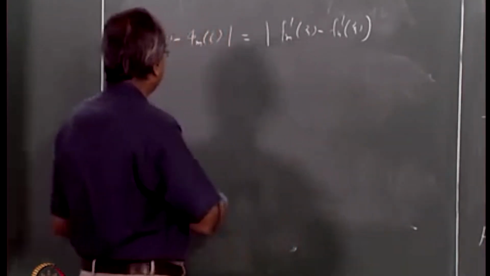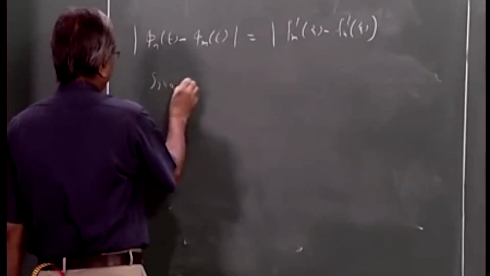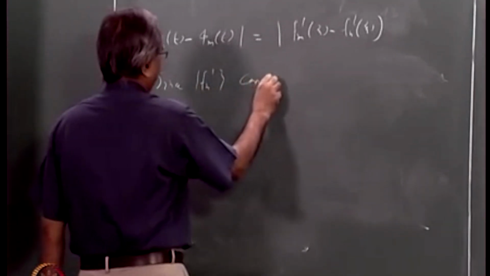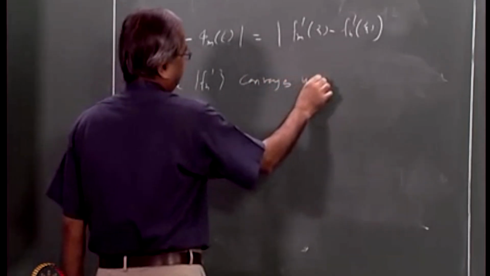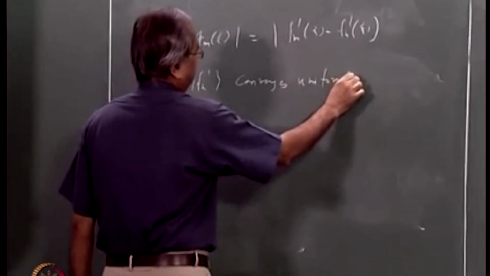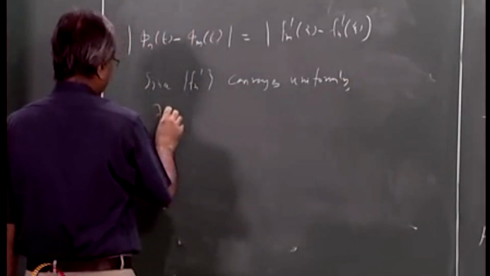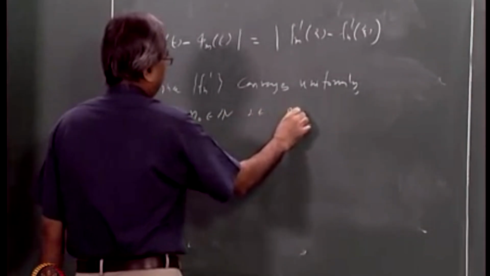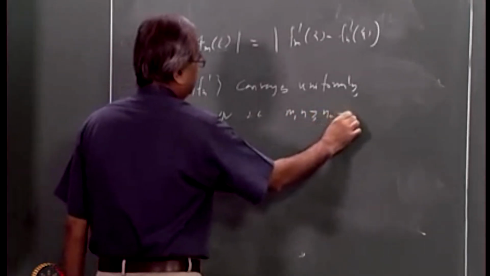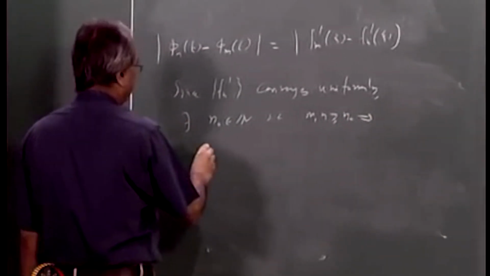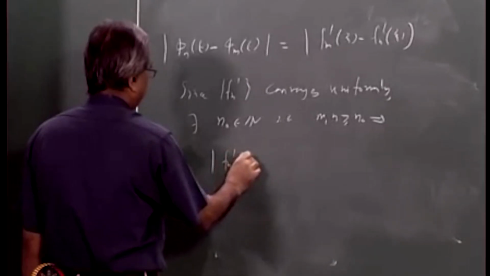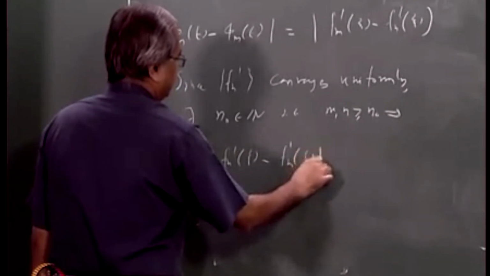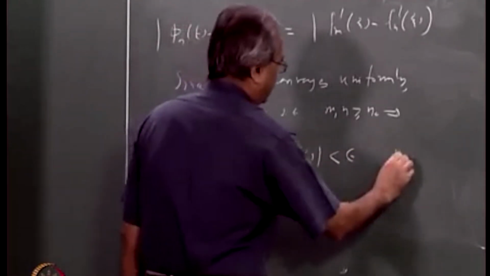Since Fn prime converges uniformly, there exists n0 in N such that m and n bigger than or equal to n0 implies mod Fn prime xi minus Fm prime xi is less than epsilon for all xi in AB.